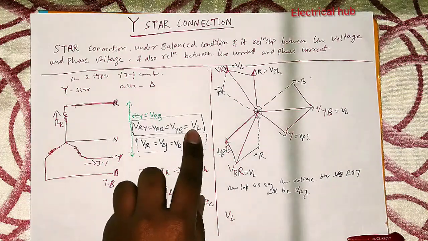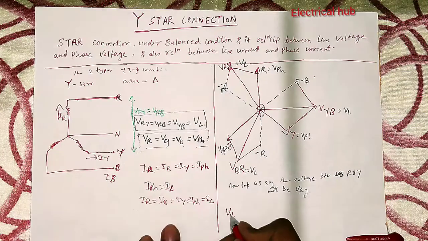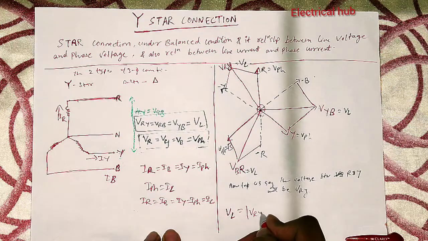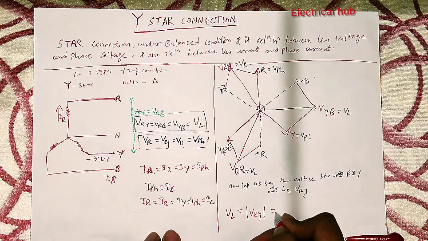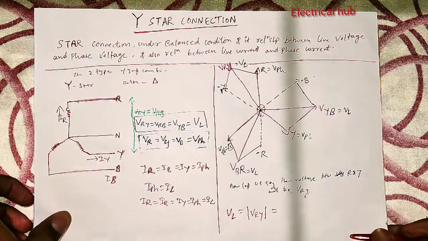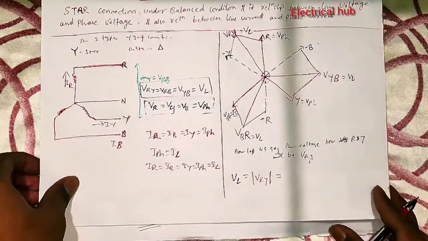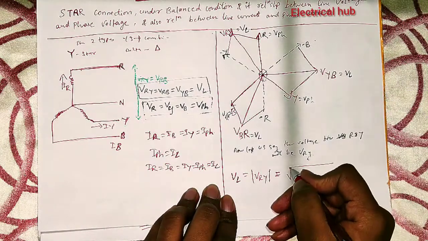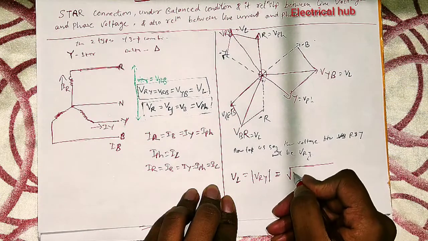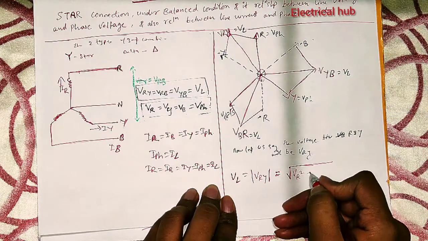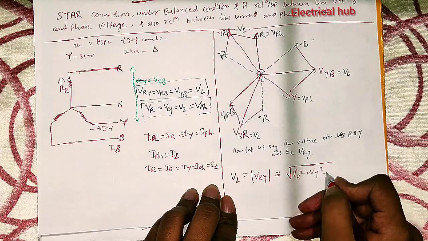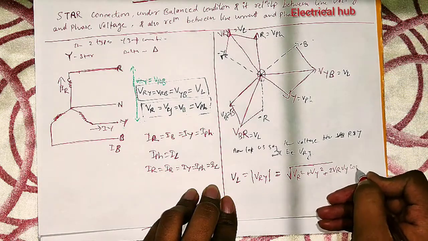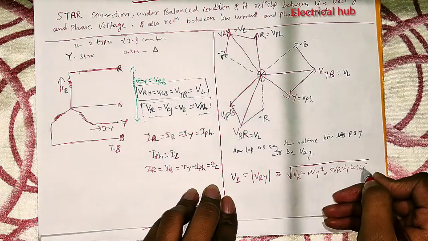I have already told you here that VRY equal to VL. Then rewrite it as VL equal to VRY. And if we try to find the exact value of this, then it will be like root of VR square plus VY square plus 2 VR VY cos 60. And why is this cos 60 degree?